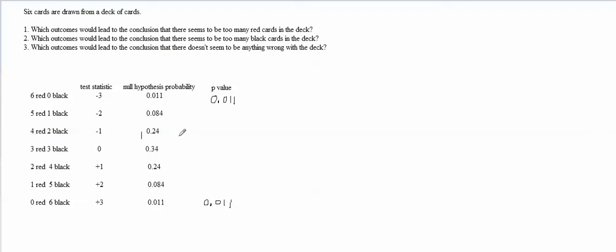Now what you do for the next one, for this answer right here, is you mark off this right here and mark off this right here. And what I want you to do is add all of the ones that are either up here or down here.